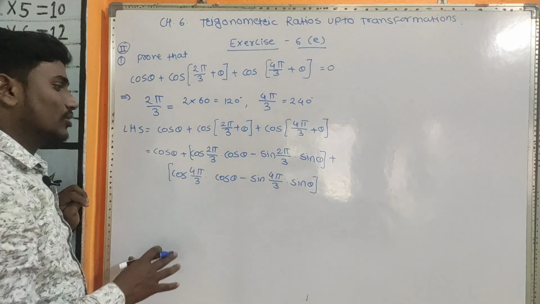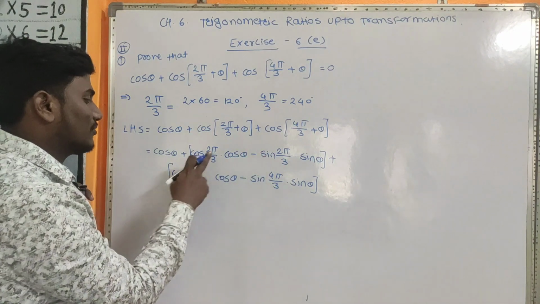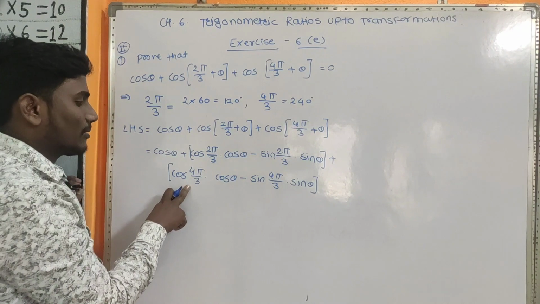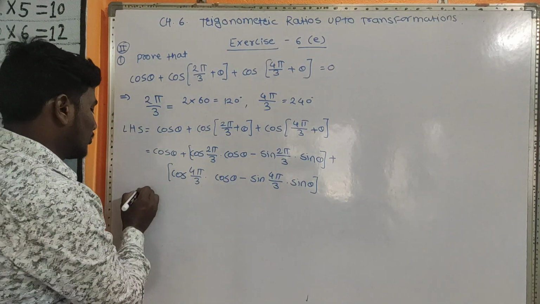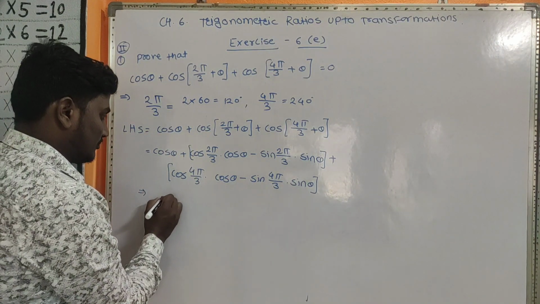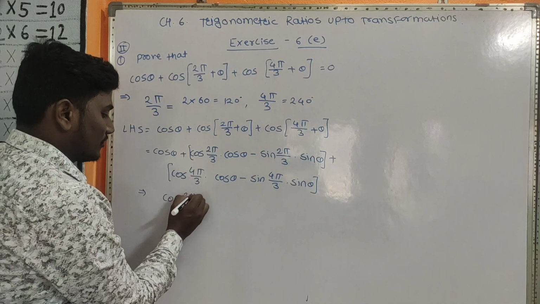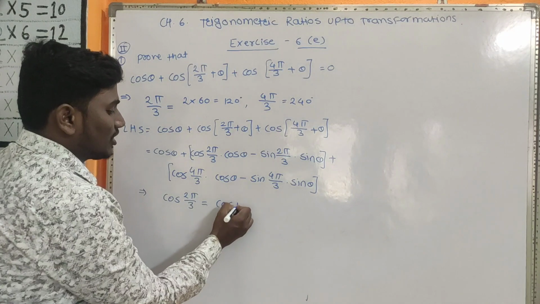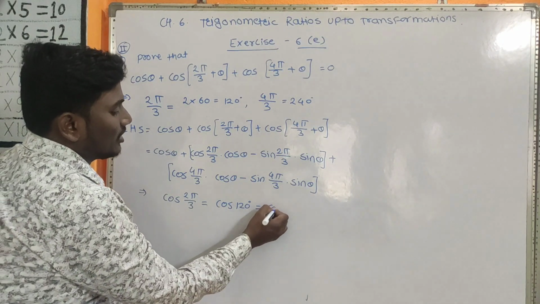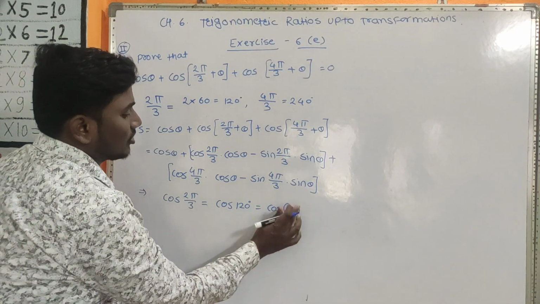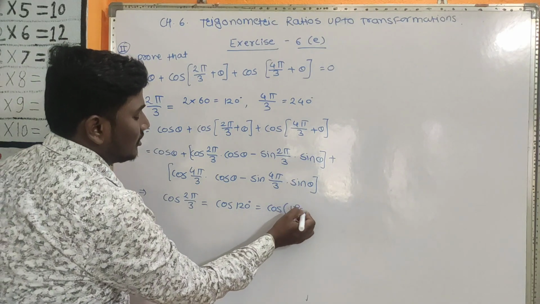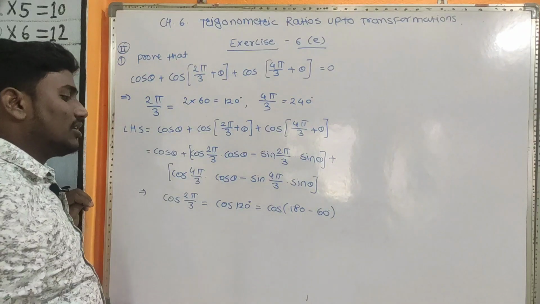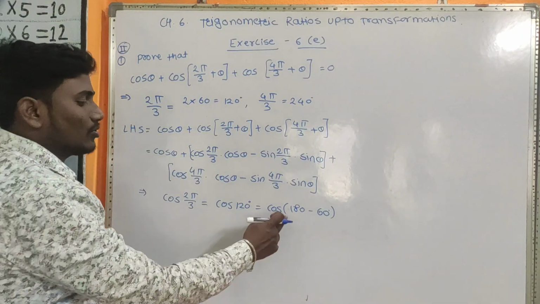So first of all we want sin 2 pi by 3, cos 2 pi by 3, cos 4 pi by 3, and sin 4 pi by 3. To find first cos 2 pi by 3, I want the value of this. It is nothing but cos 120 degree. 120 can be written as 180 minus 60 degree. 180 minus 60 means no transformation.